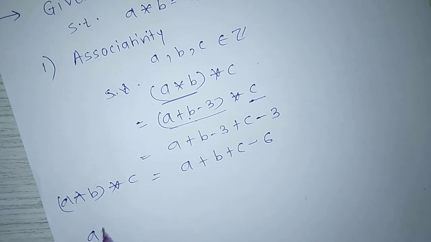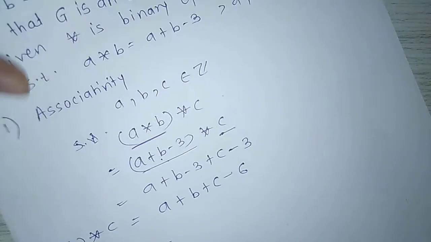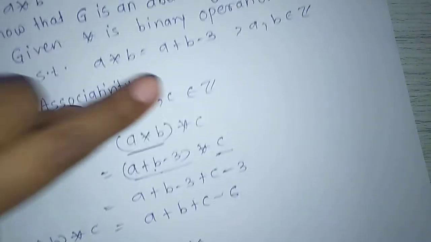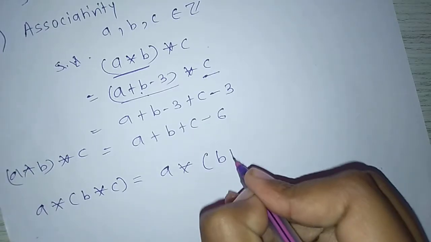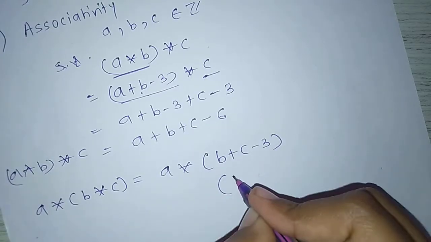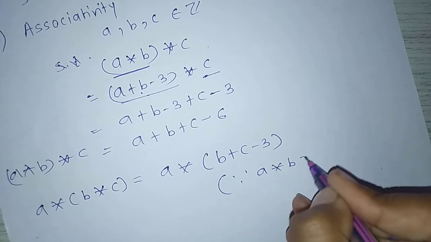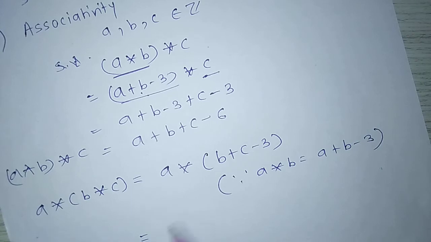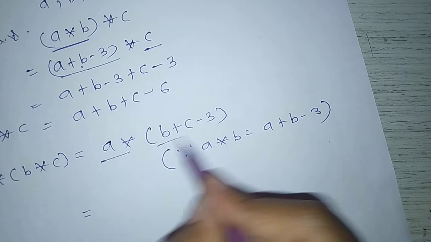Now check A star (B star C), equal to A star as it is, B star C. By definition of A star B, we get B plus C minus 3, since A star B equals A plus B minus 3. This is the first number, this is the other number.